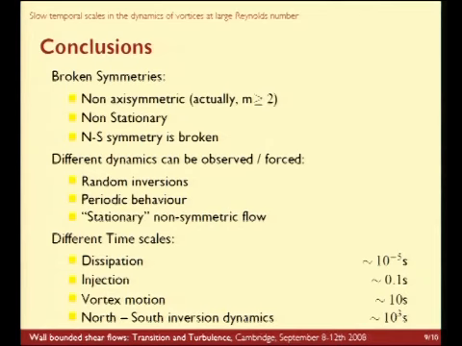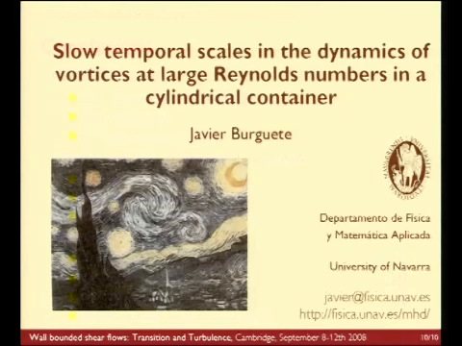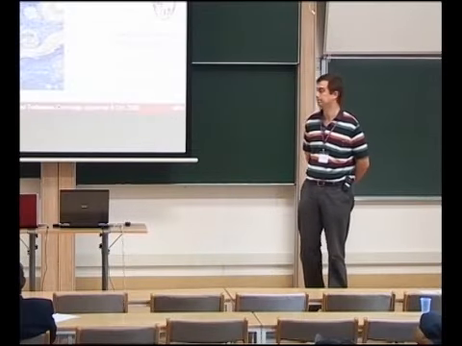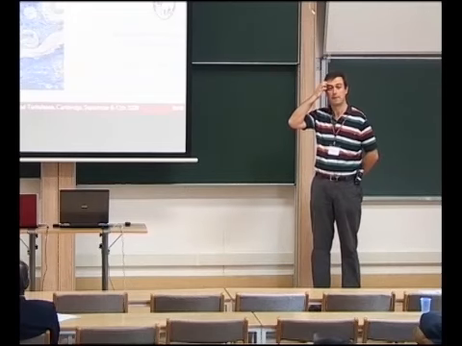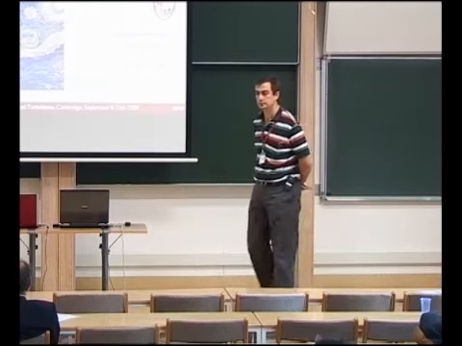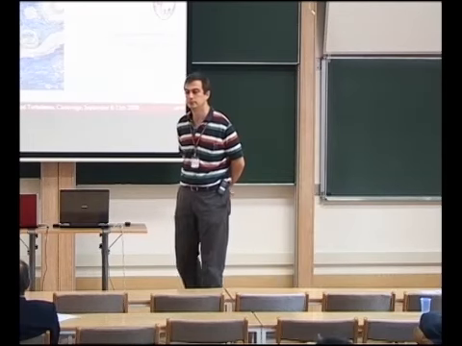We can have a random inversion, periodic behavior, or we can force a stationary non-symmetric flow. Also, we have identified different temporal scales. Of course, this is clear, but we have no idea why these temporal scales appear in the system. And that's all. That's something that I would like to show about the ubiquity of vortices in nature. Thank you very much.